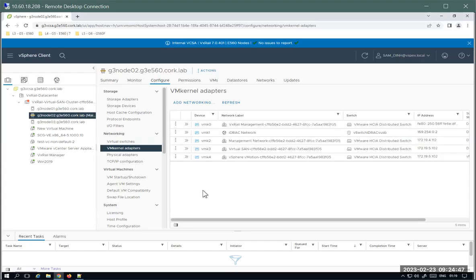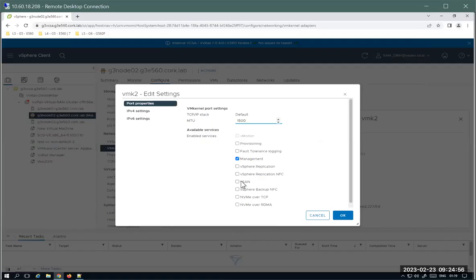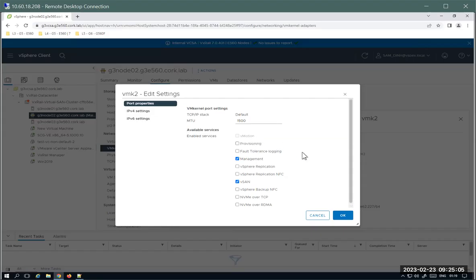So for your customer, let's go back here. Yes, the customer can enable vMotion here or vSAN here. Let's say vSAN. But vMotion should not be enabled here. How come vMotion can be enabled here? Do you know why? Because it's on a different TCP/IP stack. So vMotion should not be here at any time. You can enable vSAN.